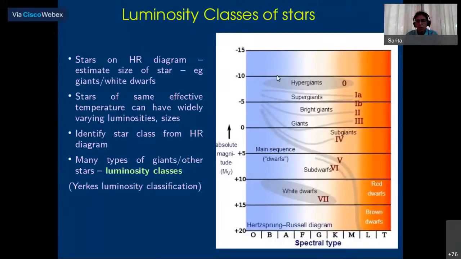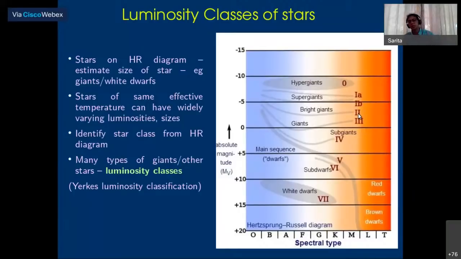Here are the luminosity classes of the stars: 0, Ia, and Roman numerals I, II, III, IV, V, VI, and VII. This is how the luminosity classification of stars is done.